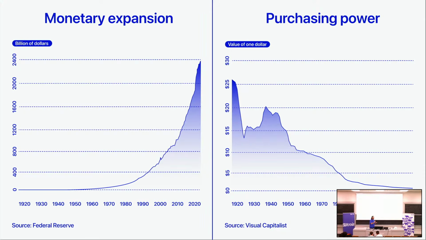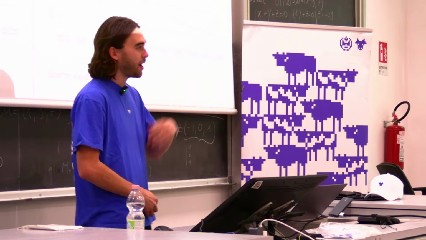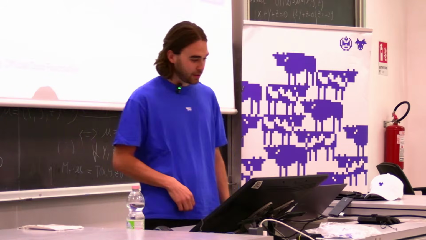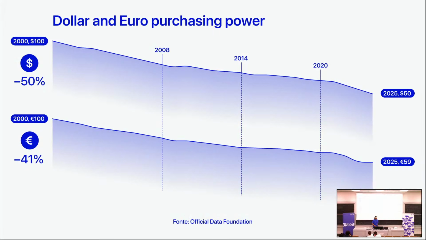You have probably heard about hyperinflation in countries like Turkey, Argentina, Nigeria and many others, but the dollar and the euro, which are fiat currencies, let's say the better fiat currencies in this sense, also lost a lot of value in the last 25 years.